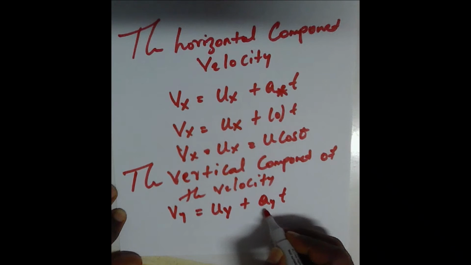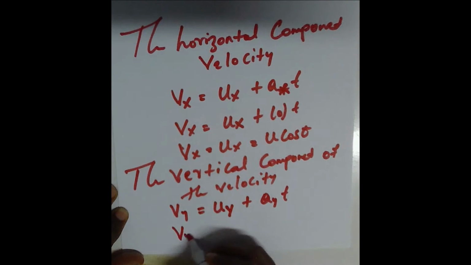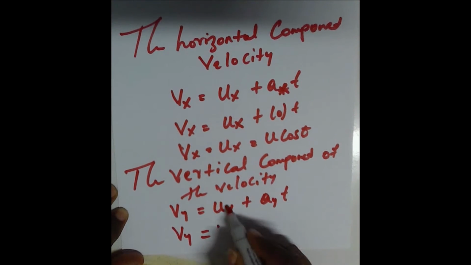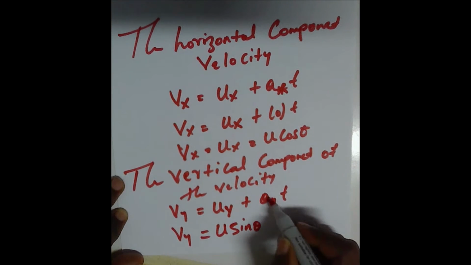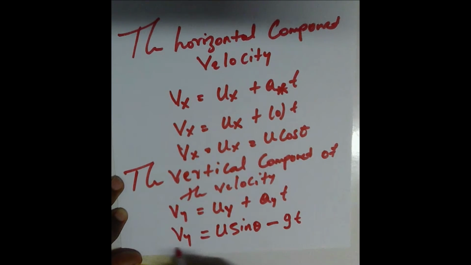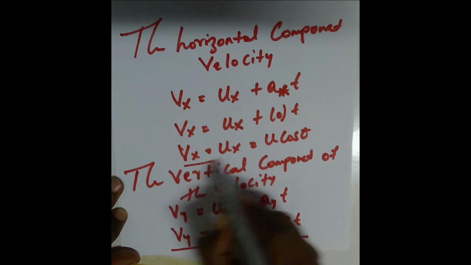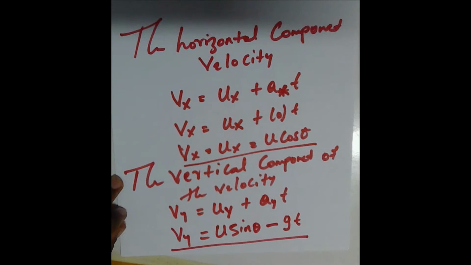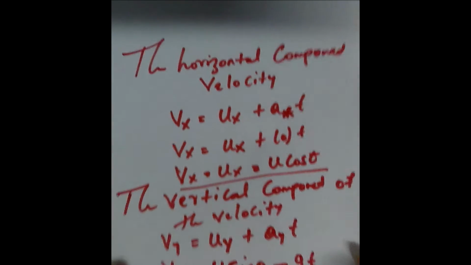You know that this is minus g, so Vy, the vertical component, is the initial u times sine theta, minus g times t. We have to consider acceleration due to gravity. This is the vertical component, and this one is the horizontal component.